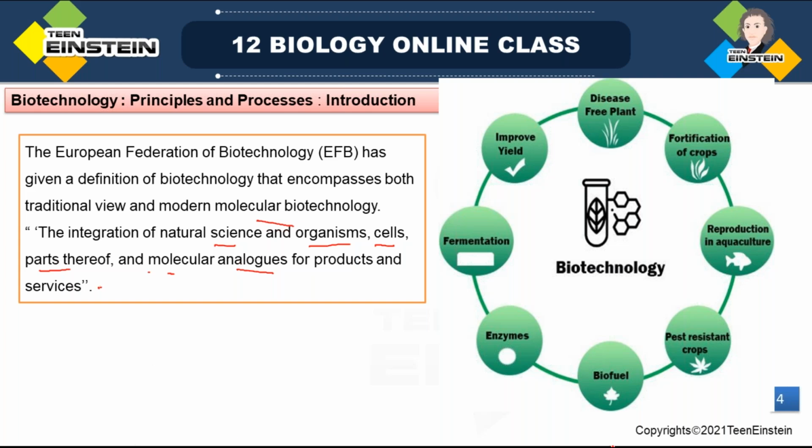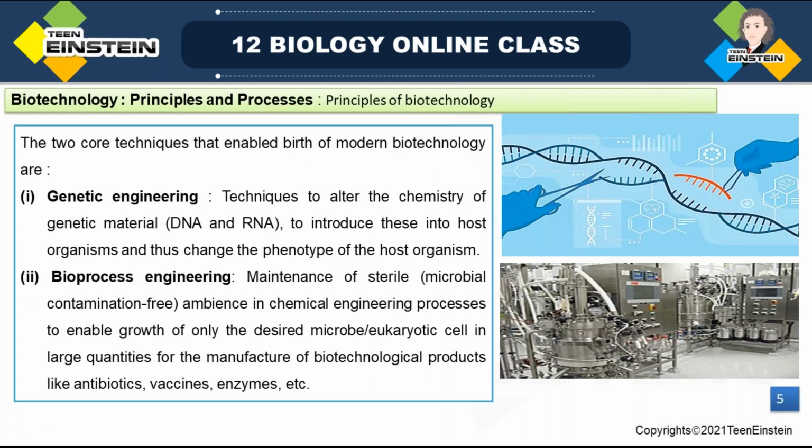Here you can see different applications of biotechnology: improved yield, fermentation, enzymes, biofuel, pest resistant crops, reproduction in aquaculture, fortification of crops, then disease-free plants. Everywhere you can see the application of biotechnology. So as an introduction, we can say that much about biotechnology.